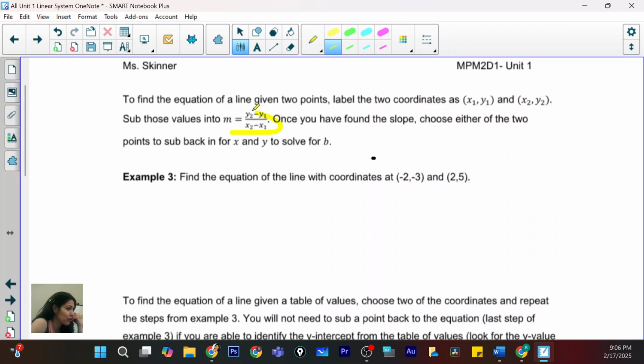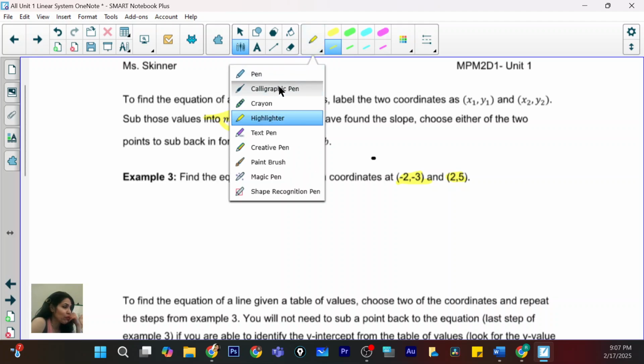A slope is y2 minus y1 divided by x2 minus x1. We use this form when we have 2 points. For example, find the equation of a line with the coordinates at negative 2, 3 and 2, 5. We want to find the equation of the line.